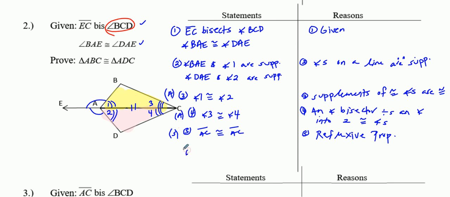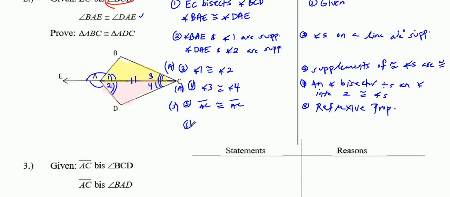And then I have all the information I need to prove that triangle ABC and ADC are congruent by angle side angle. Good. Let's go on to number 3.